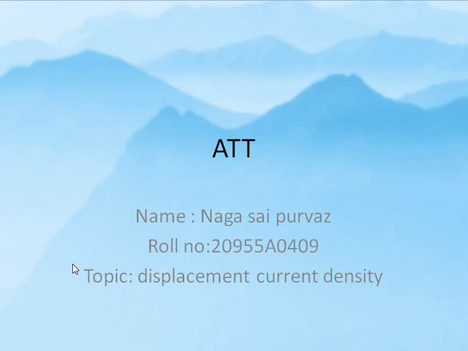Now let us introduce the current density, or density of current in a unit area.